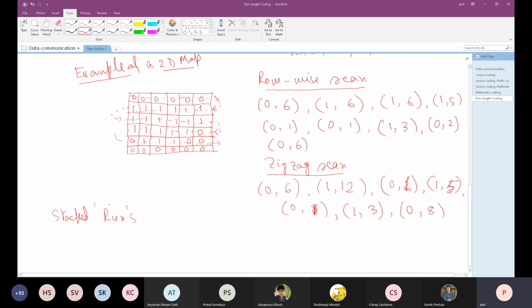So now the stacked runs can be transmitted. So that is 0 two times, then 1, 3. 0, 2. Oh, this one is 2.